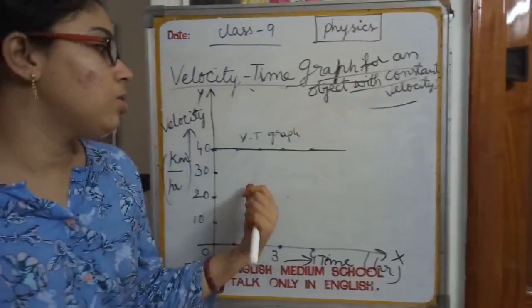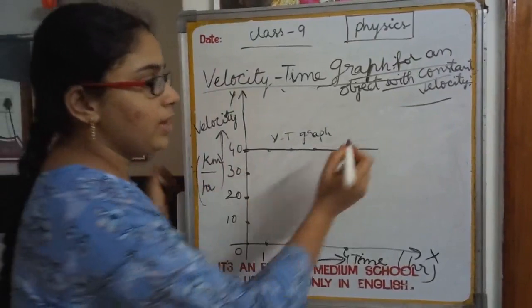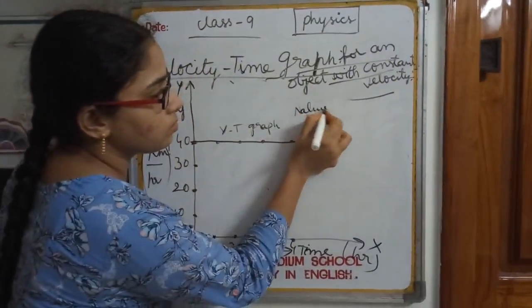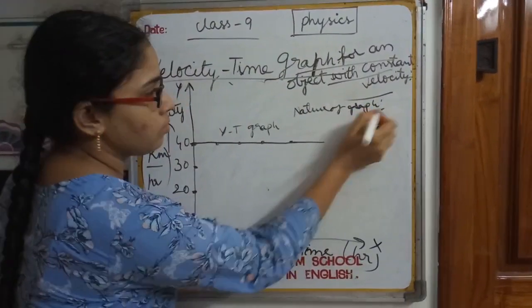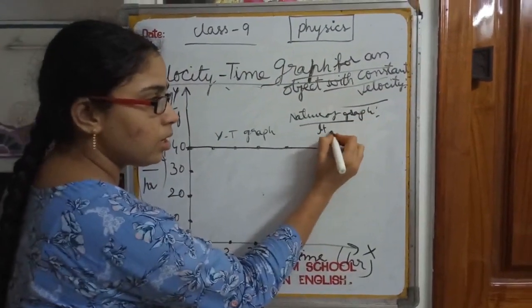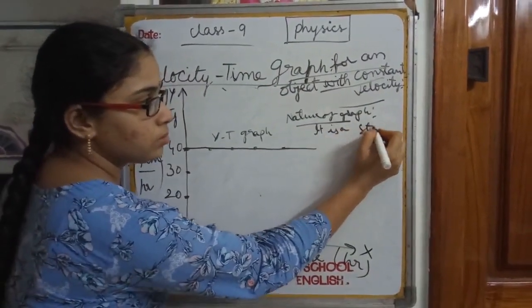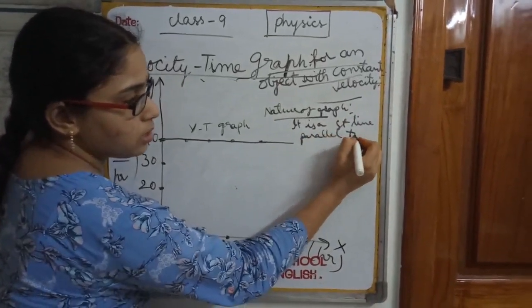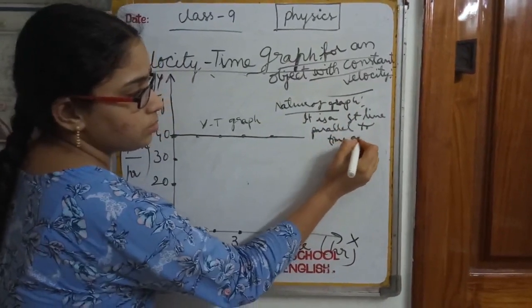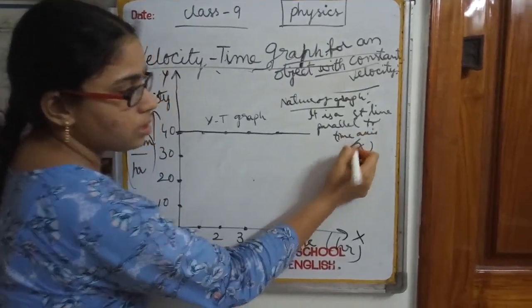Okay, children, what is the nature of the graph? It is a straight line parallel to the time axis, that is nothing but the x-axis.